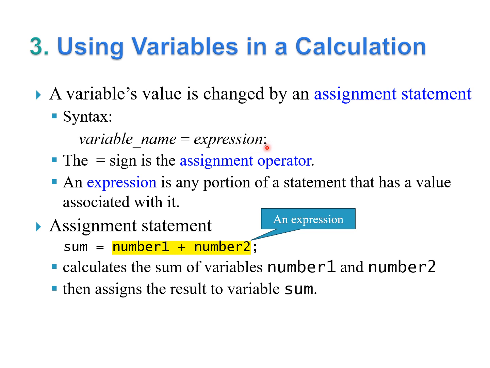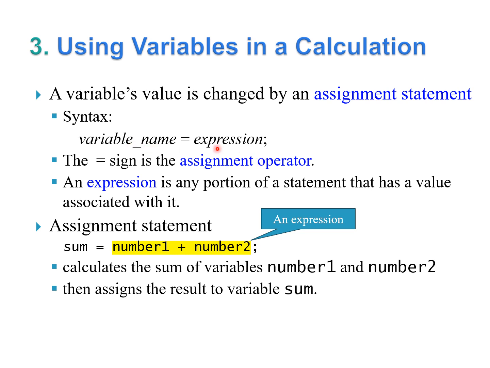The equal sign is called the assignment operator. It is a binary operator, meaning it has two operands. The left-hand side operand is always a single variable name.